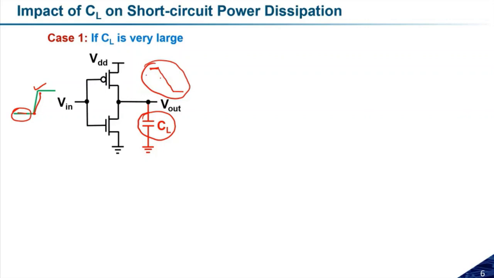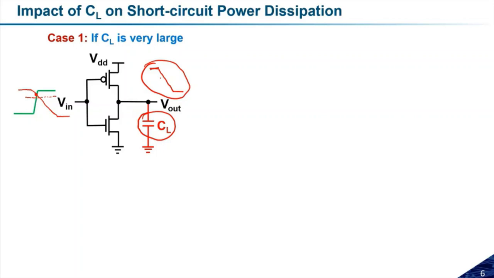Now let us try to map both the characteristics. The input is something like this, and the output is very slow, something like this. In this case, the point at which it is crossing might be above VDD minus VTH. If it is above VDD minus VTH, the short circuit current, or the short circuit power dissipation, will be 0. So there will be no short circuit current flowing through the circuit.